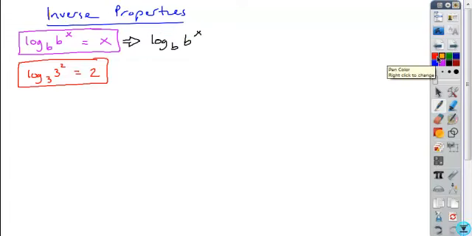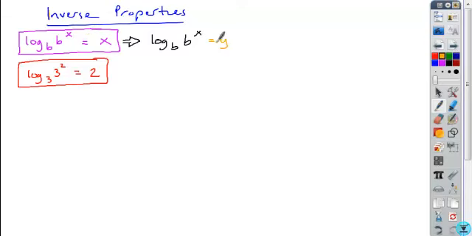I want to verify that it is in fact equal to x. I'm going to set it equal to y, and the steps I'm taking demonstrate that the value for y is actually x.